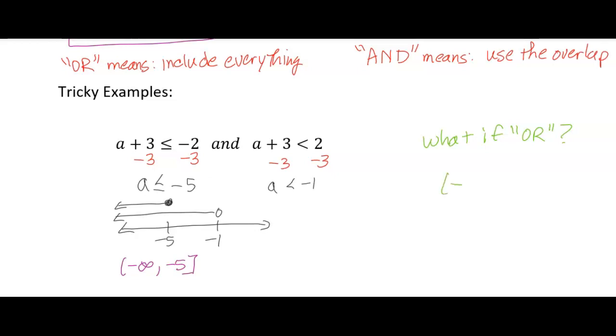So the solution set for this doesn't stop at -5. It goes all the way up to -1. If you're including everything that's in the overlap or not, you can include all the way up to -1. So the word in the middle, and versus or, makes a pretty big difference. It can be pretty vital in what your solution is when you're all done.